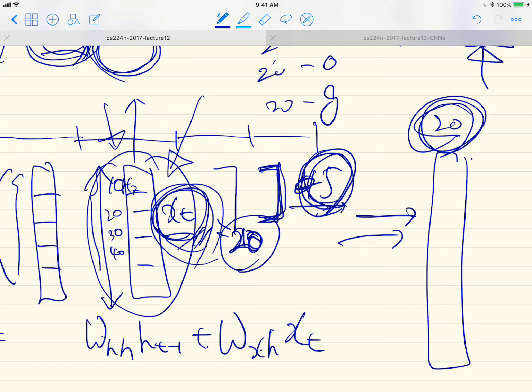But in the case of word embedding, each dimension has a meaning independent of the other dimensions. The first dimension and the second dimension have nothing to do with each other.